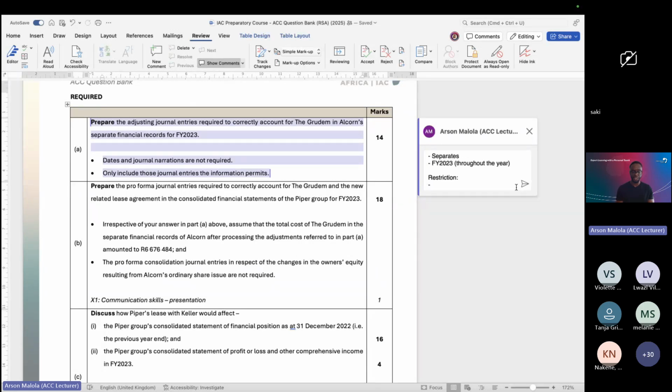So what are the things in this particular case? It's dates and narrations, not required, right? And any extra journals, not required. I don't even know where you get information for extra journals. I mean, if the information doesn't permit, then it doesn't permit. So let's not try to be fancy. Tanya, your point just raised my eye.